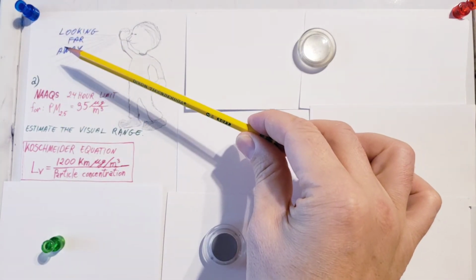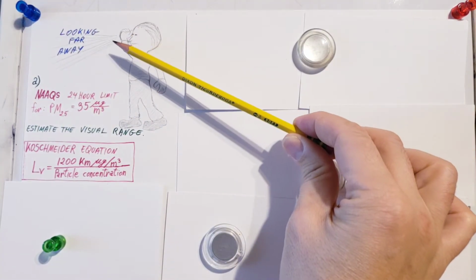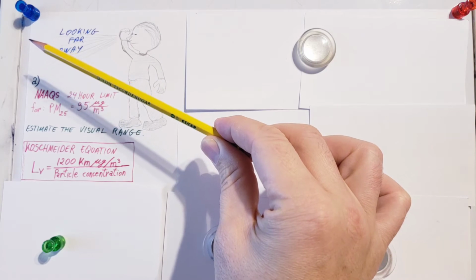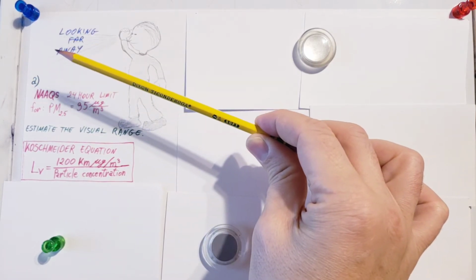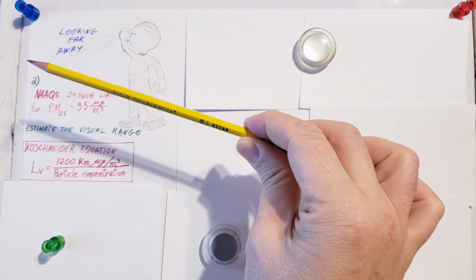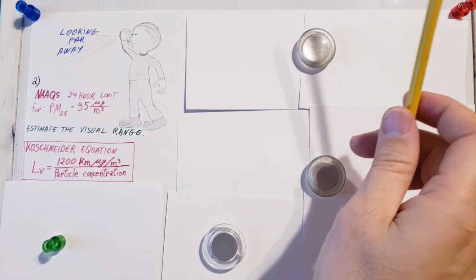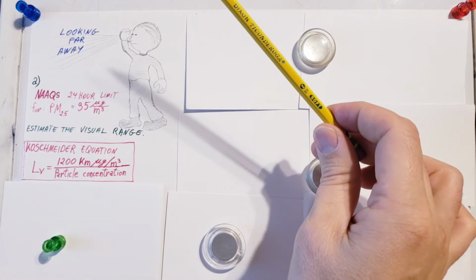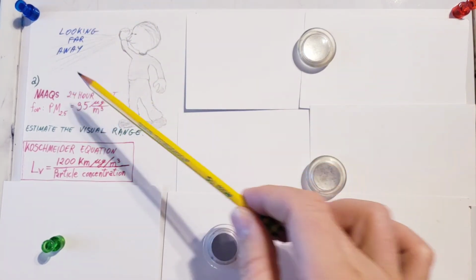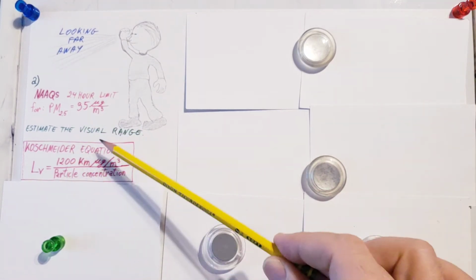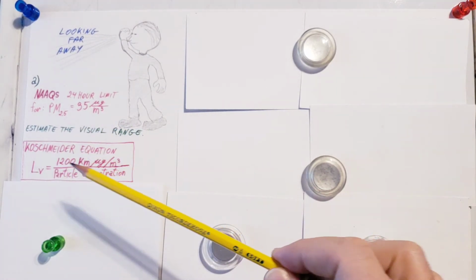Think of it as the distance from the person to the point where an average person can barely tell the difference between a mountain, a skyscraper, or some object against the sky. That's how far this formula is estimating.